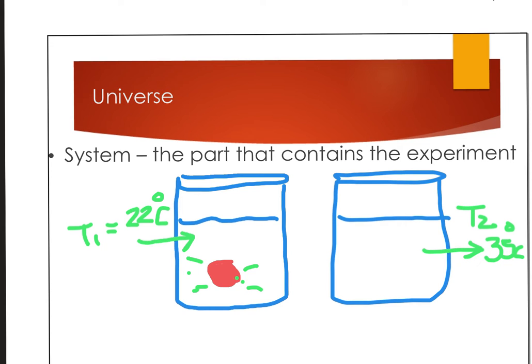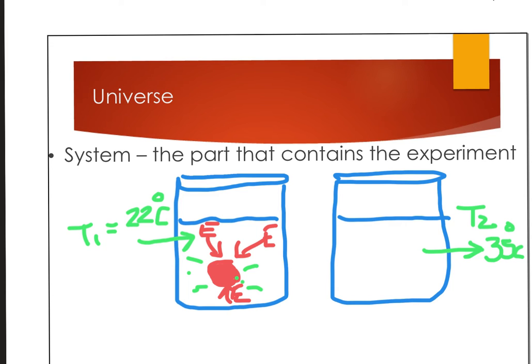So what happened? Well, in the dissolving process, energy was absorbed by the salt. Energy was absorbed. And where did that energy come from? It came from the surroundings. It came from the water.